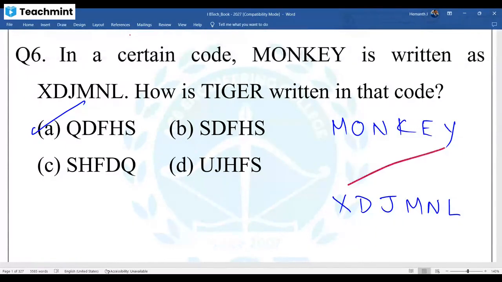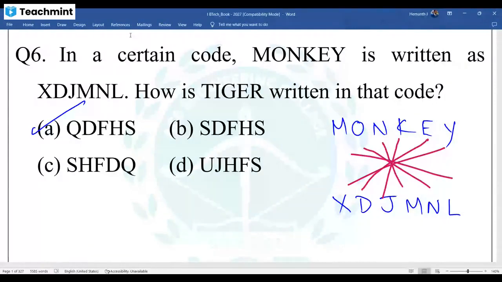X. E previous letter. K previous letter. N previous letter. O previous letter. M previous letter. Some of you already cracked this question. Fine, that's logical thinking. Some of you maybe understand after explanation. Fine, different students, different types of thoughts.